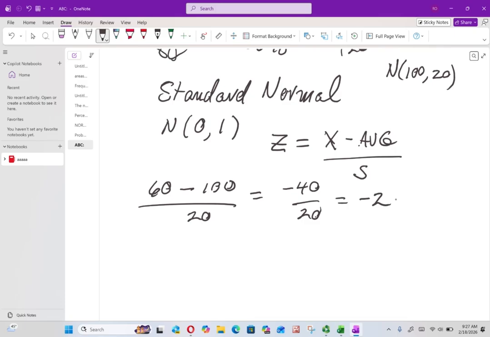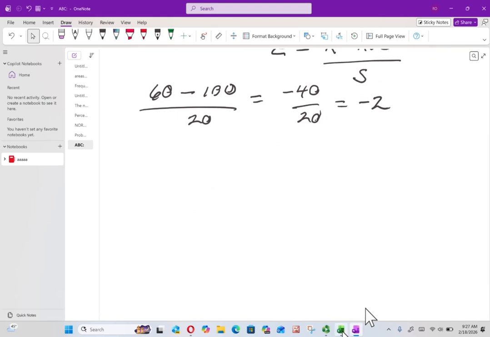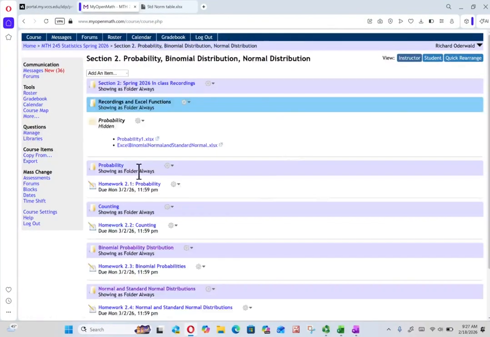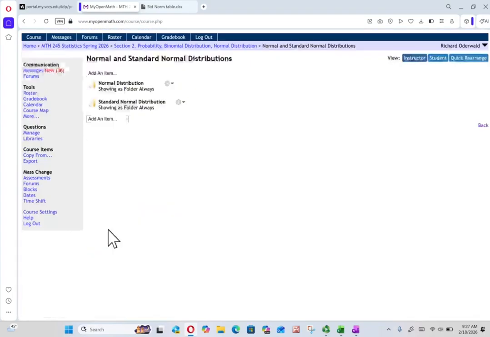1 down, 1 up, and this is a standard normal table. I think I got one here. And this is history.